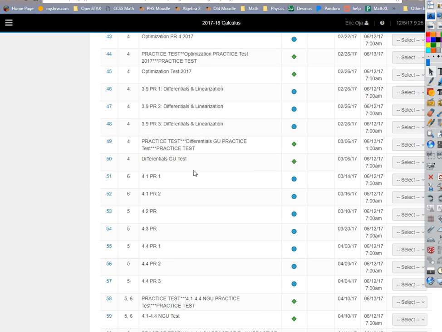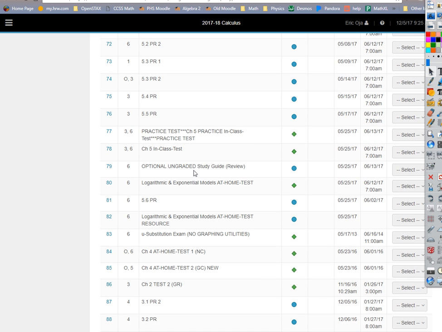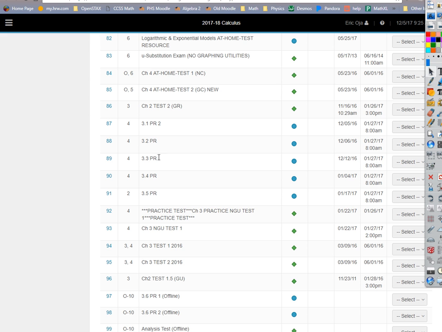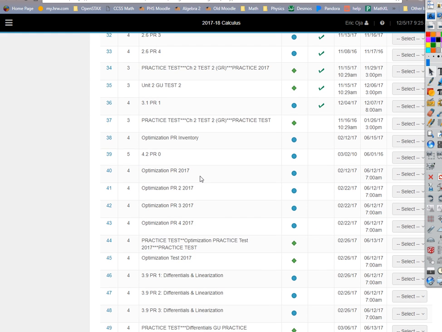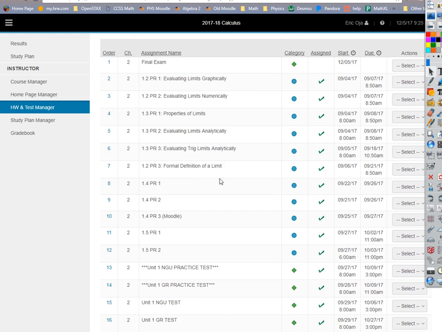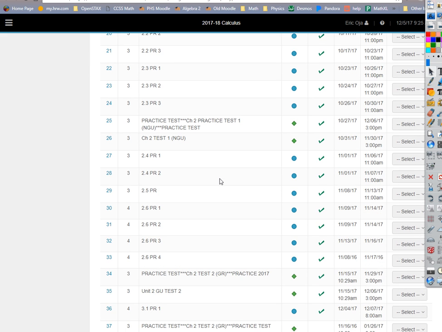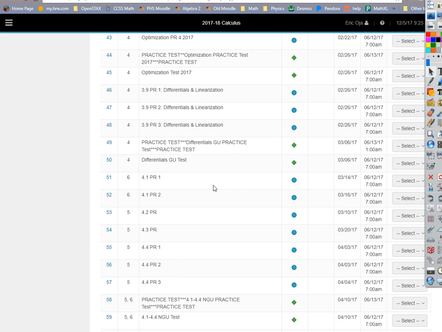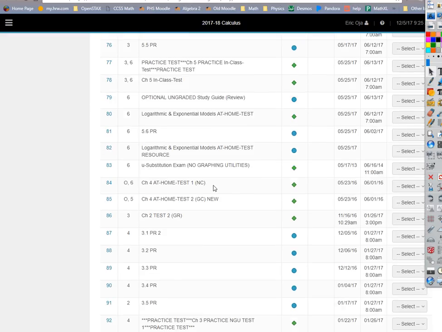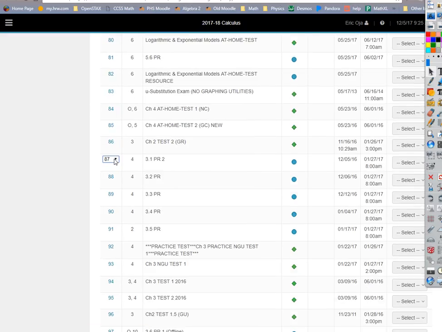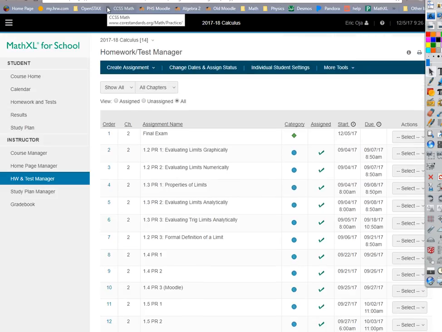Just want to see something here. Oh, you know what? Actually, I forgot the intermediate value thing. Okay, so last issue then.